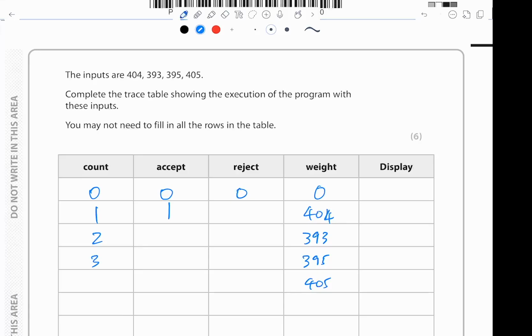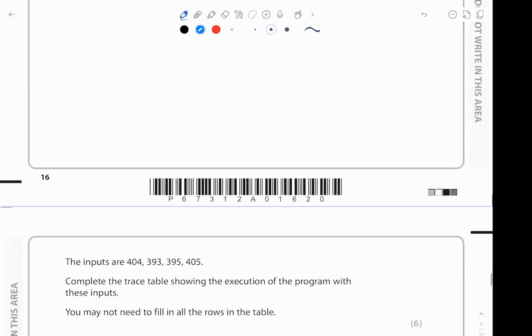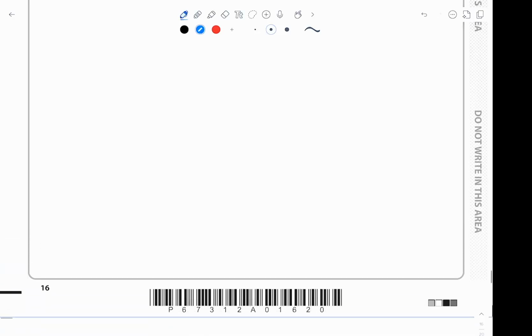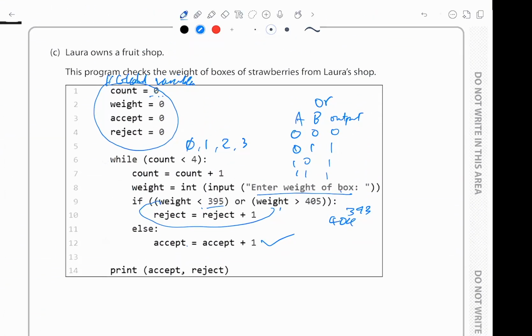Then count is 2, and we've got another input, 393, so they enter 393. Let's have a look at 393. So 393 is less than 395, so that's a reject. Then we've got count 3, and count 3 is 395.